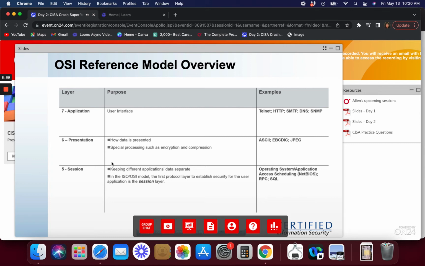I presented them in terms of how we also encapsulate them with data encapsulation, but we don't need to get into that at this point. Just know that your top 3 layers, the application layer, the presentation layer, and the session layer, are explained here. Think of the application layer, for example, your web browser.